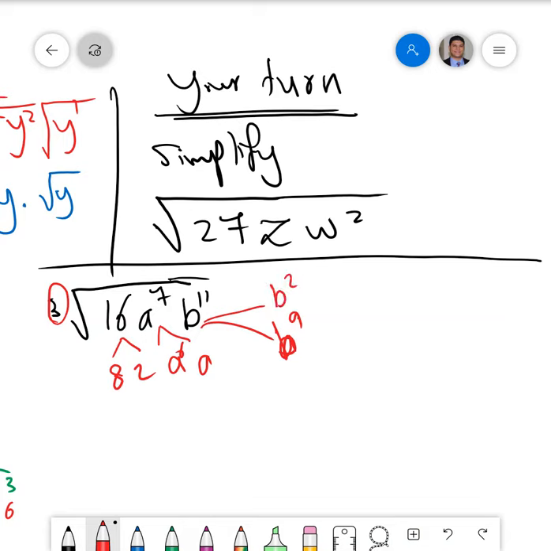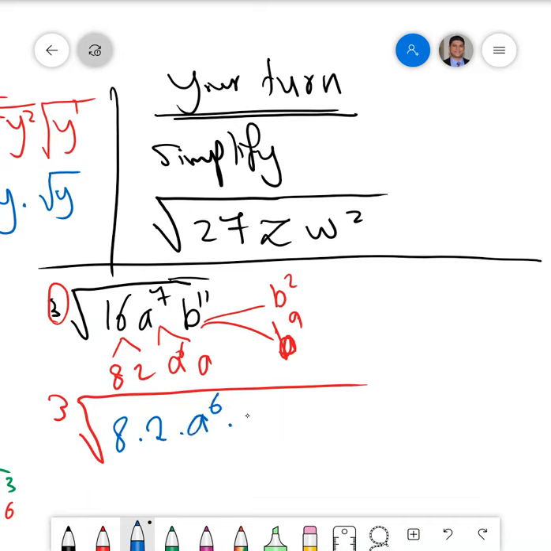So let us rewrite it as third root of 8 times 2 times a to the power of 6 times a times b to the power of 9 times b to the power of 2. Now, third root of 8 is 2, and third root of 2 we keep inside the radical.